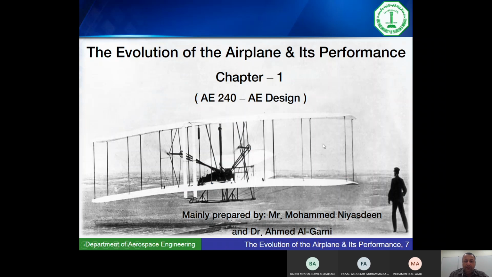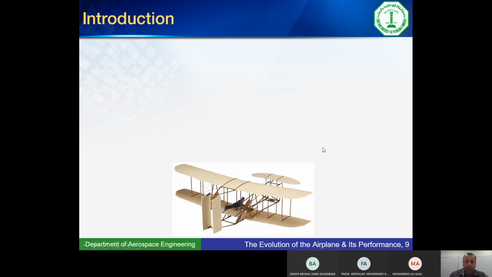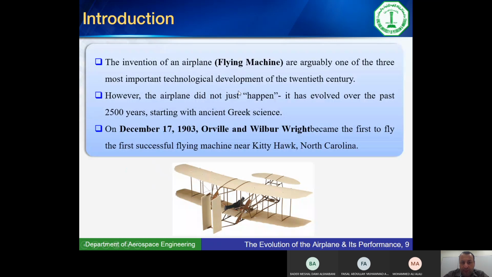Why am I saying this? Because before 1903, people actually used to fly, but they had no aircraft. They were flying by gliders, which is not an aircraft. A glider is not an aircraft because it doesn't have the power. They tried to fly by flapping wings.